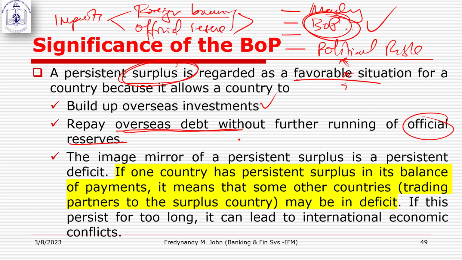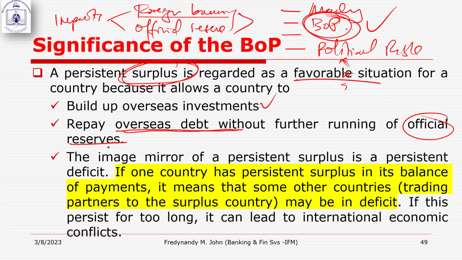The mirror image of a persistent surplus is a persistent deficit. So, a country cannot have both a balance of payment surplus and deficit at a time. It's either a balance of payment surplus or deficit. Now, if you have been maintaining a balance of payment surplus for a very good number of years, it means your trading partners are maintaining a deficit balance of payment.